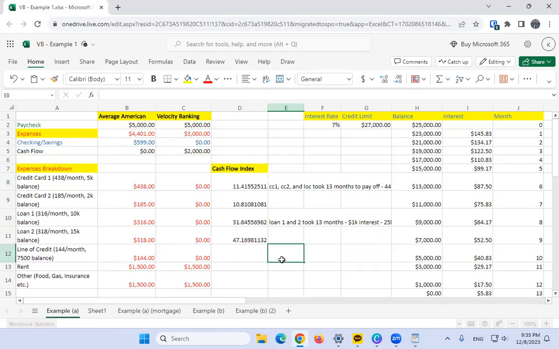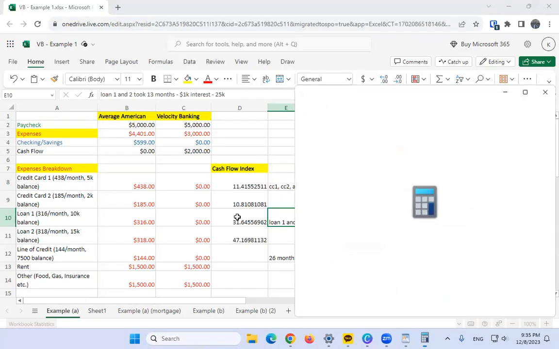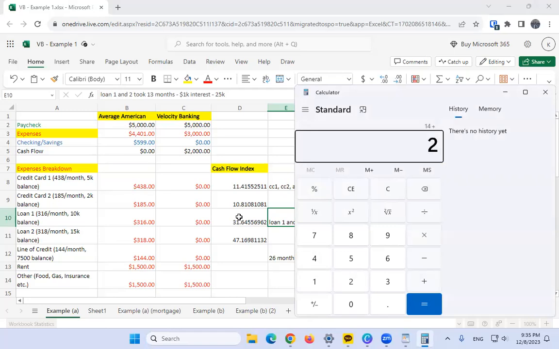So what's the sum? It'll be 26 months to pay off. How much debt? That would be 14 plus 25. I can't do math today. So what's 14 plus 25? That would be 39.